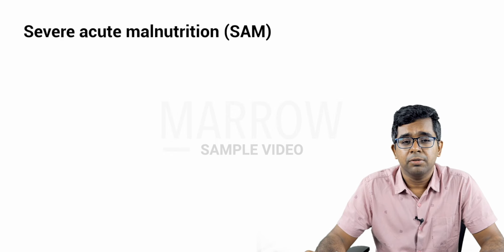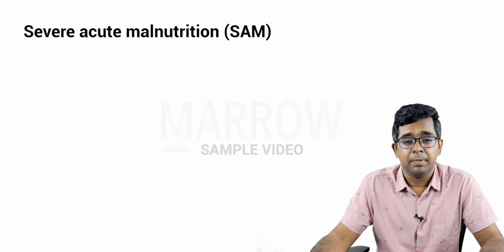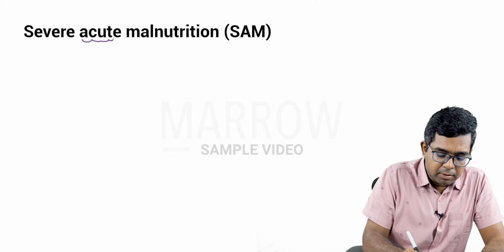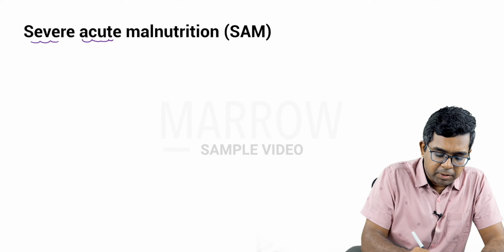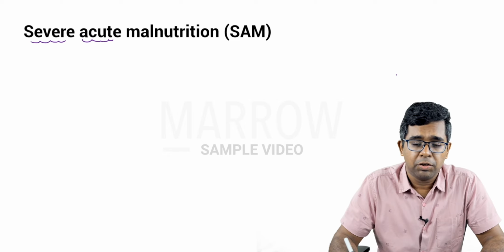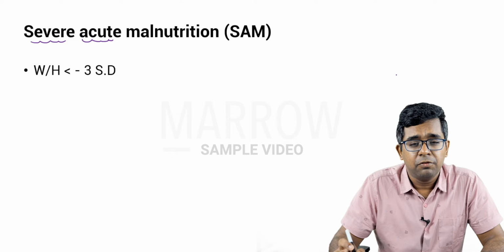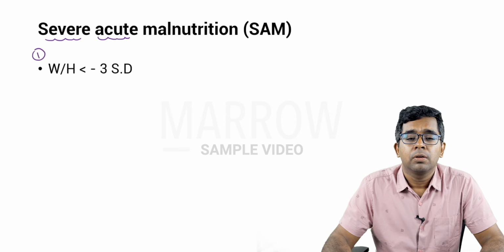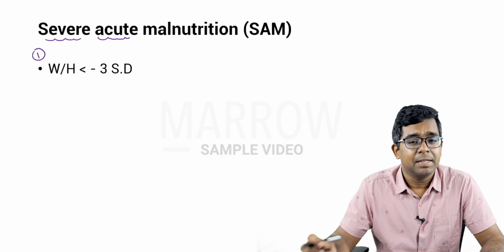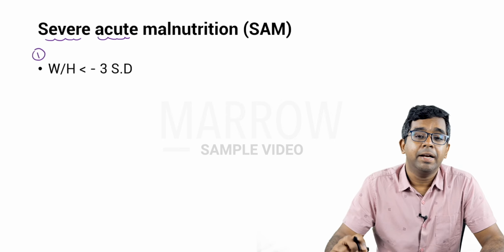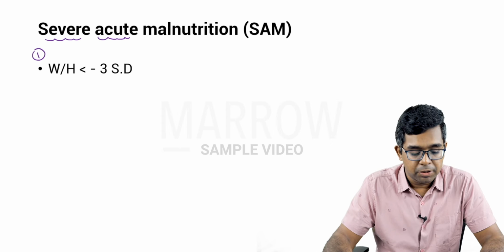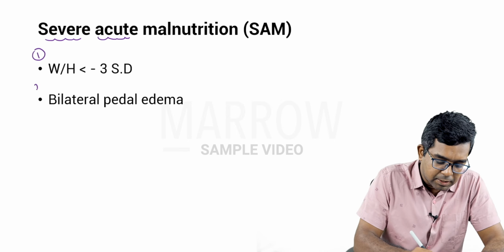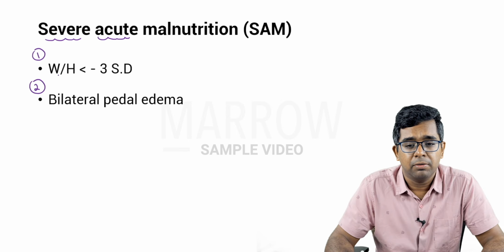First is in relation to the definition of SAM. Acute means it is the weight which is affected. Severe means the value is below -3 standard deviation. So what will I write? Weight for height below -3 standard deviation is the first thing. You have already seen in the preceding table that edema is a feature of severe malnutrition. So I am going to write here bilateral pedal edema is the second feature of severe acute malnutrition.